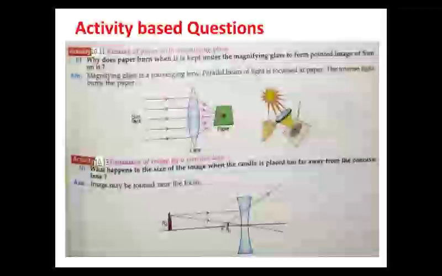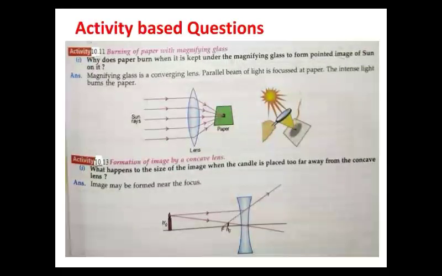Now there are some activities. Let us discuss activity 10.11 given in your NCERT book: hold a convex lens in your hand and direct it towards the sun. Now focus the light from the sun on a sheet of paper and obtain a sharp bright image of the sun.